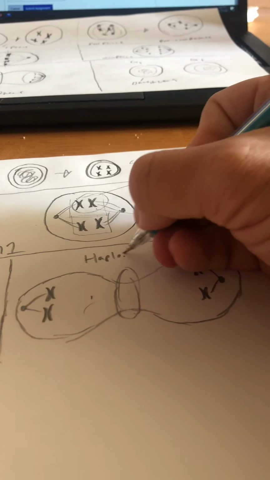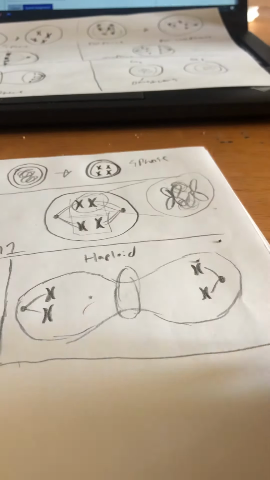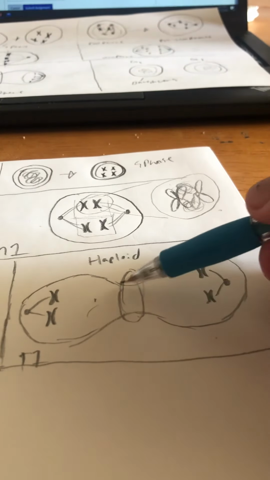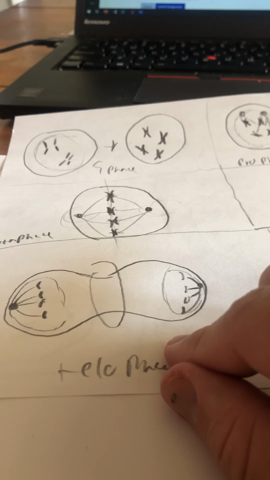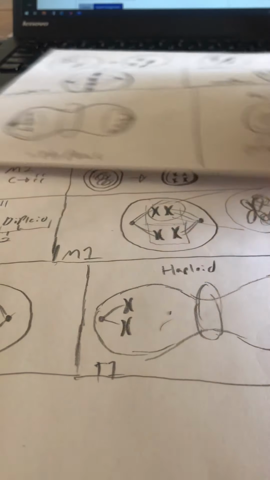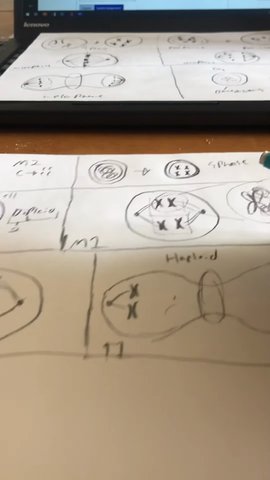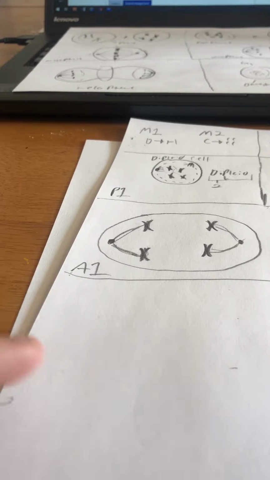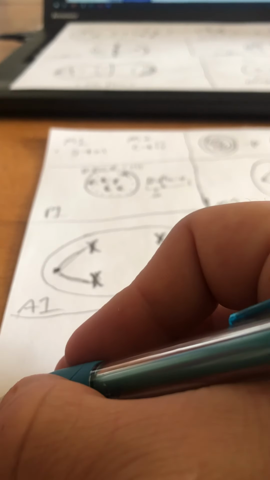I don't honestly know what HAP stands for, but this is telophase 1. You have cytokinesis happening, very similar to mitosis. You have that peanut-shaped kind of dual cell that's starting to split and cinch. And afterwards, you have 2 new haploid cells.